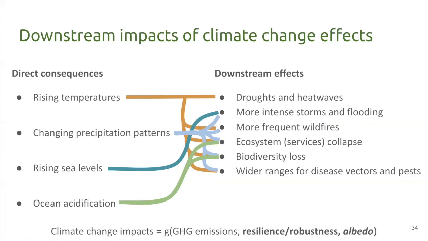And these systems all have different interactions with one another. So for example, on a physical level, rising temperatures will cause glaciers to melt. This will cause water scarcity in a lot of populations that depend on those as sources. It also puts a lot of ecosystems that depend on the services from glaciers at risk.